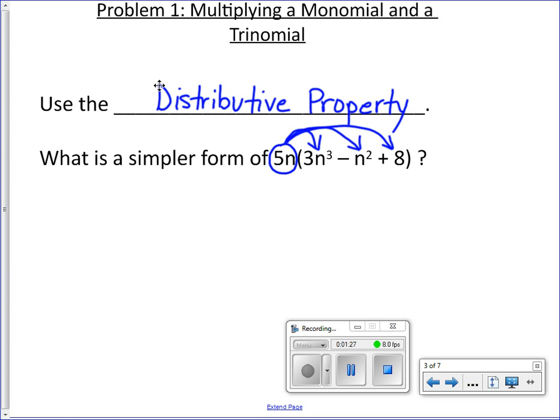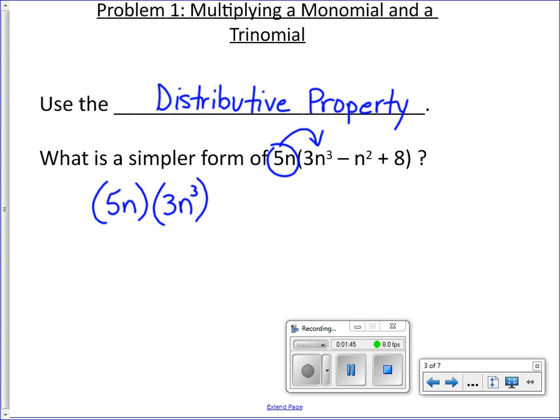So, first of all, I'm going to do this as we do it. I'm going to take the 5n times the 3n cubed. Next I have 5n times n squared, and because of my minus sign, I'll put a minus sign right there.